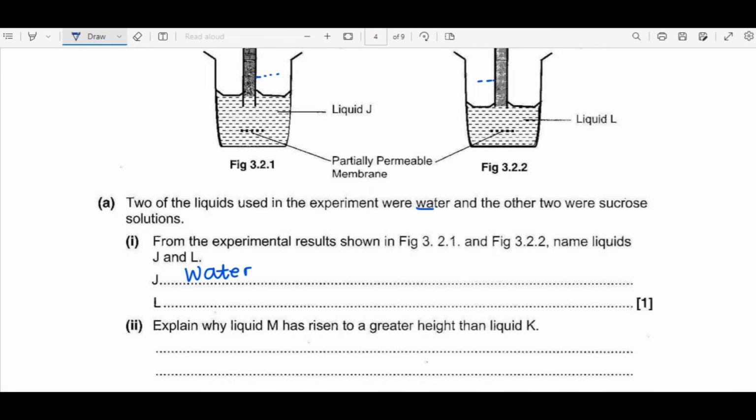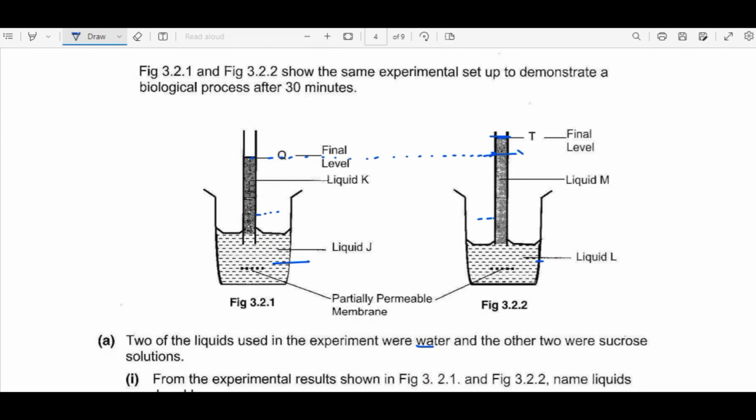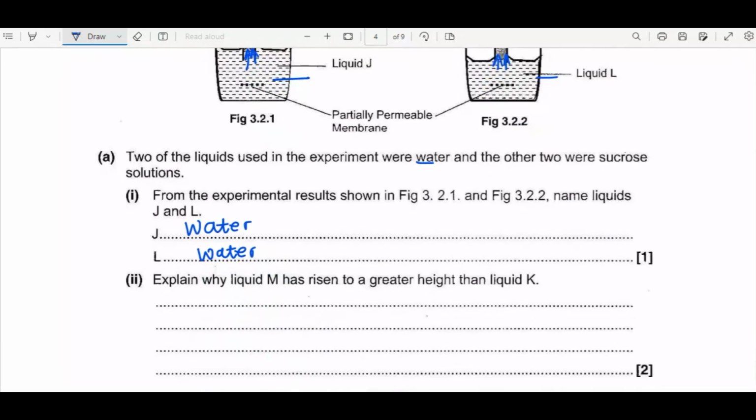L is also water. The reason we say this is water is that this is a solution, and because of the solution, water molecules will move from where there is too much water into where there is less. So water molecules moved in this direction, and even for this one, moved in this direction. So these two liquids were water.